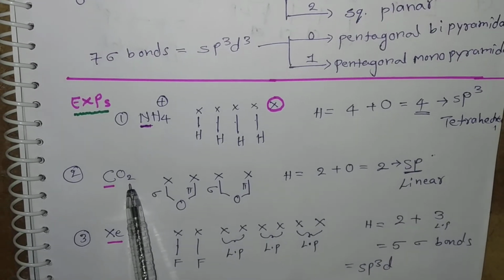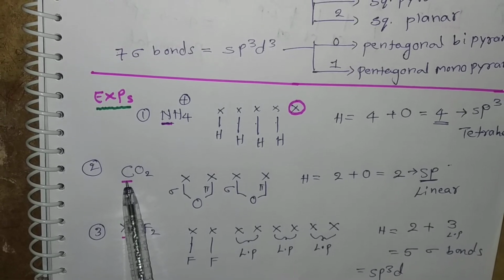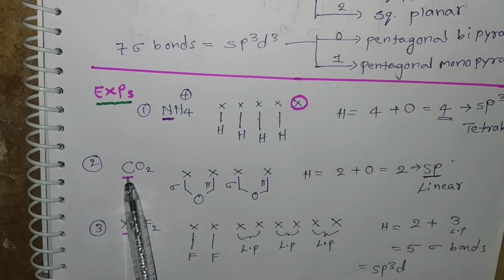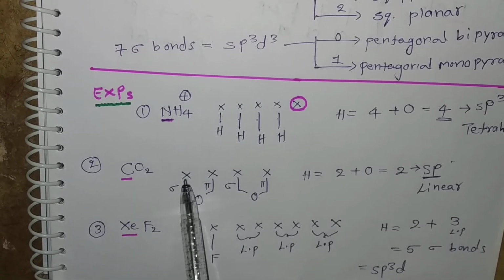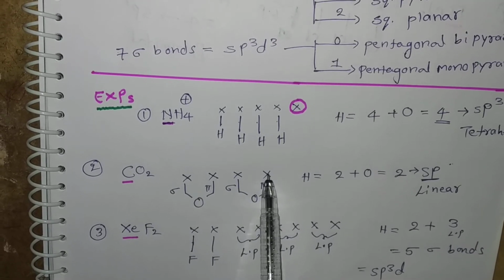Second one, carbon dioxide. In carbon dioxide, carbon is the central atom. It belongs to the 4th group in the periodic table, so 4 valence electrons, represented as crosses 1, 2, 3, 4.